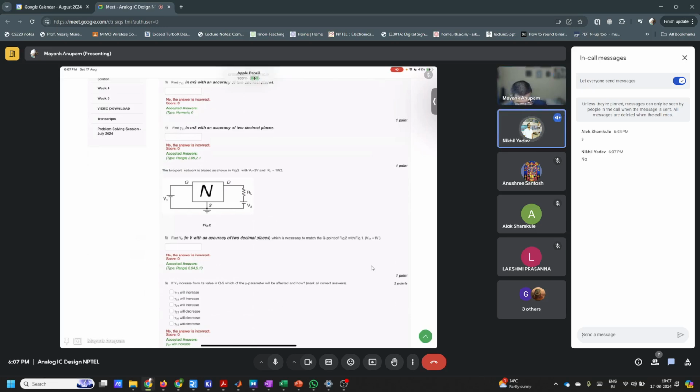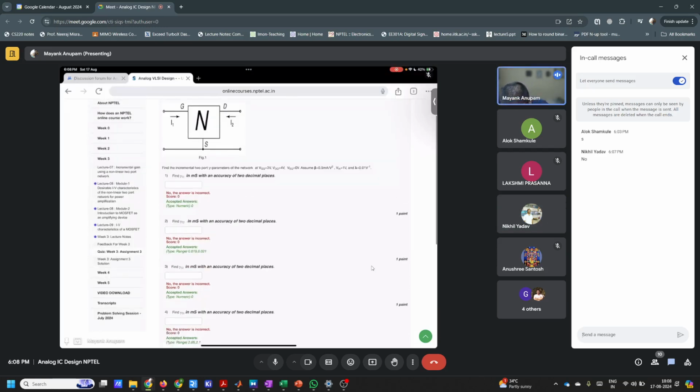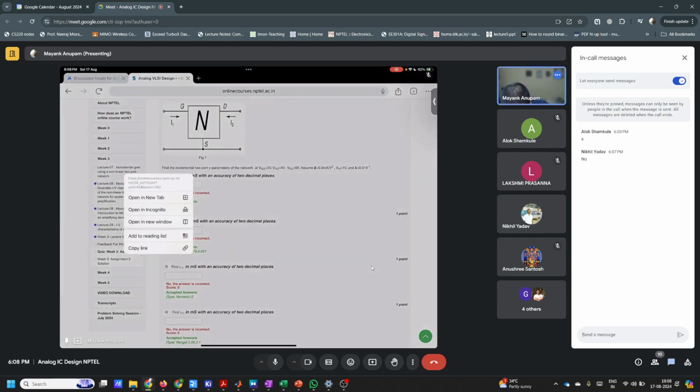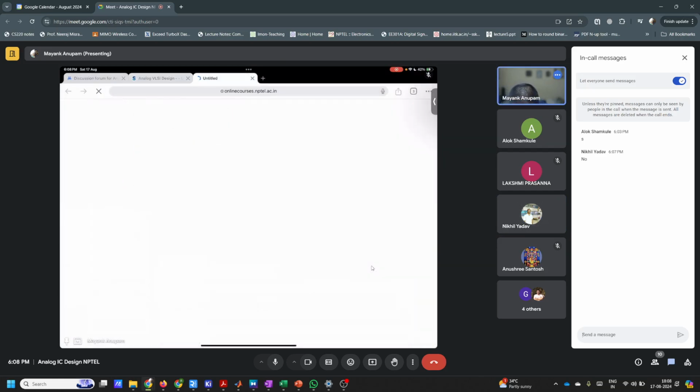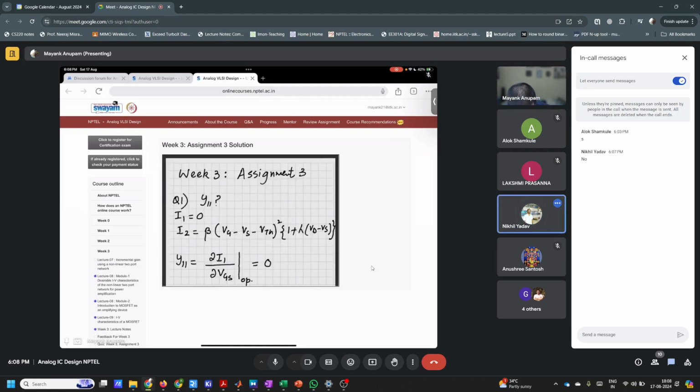The answer which I have got is 5.08. Okay, let's check. The solution is also given, right? I think I have not gone through the solution. Let's see what it is.